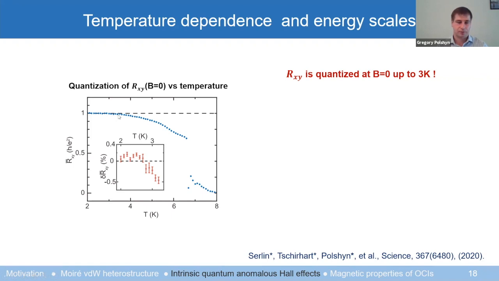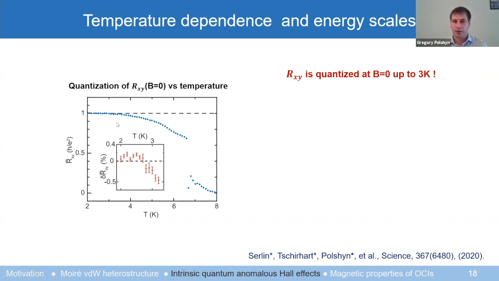This is almost the highest temperature at which the quantized anomalous Hall effect has ever been observed. It's an important proof of principle that this family of quantum anomalous Hall materials could provide clean edge states and hence could possibly be used for applications.